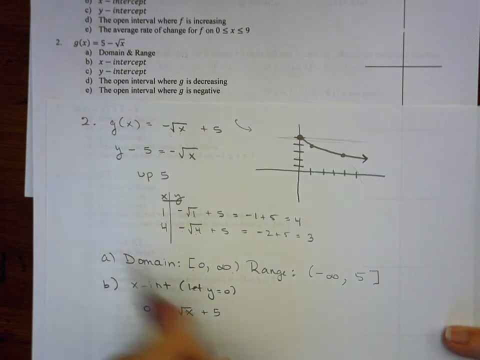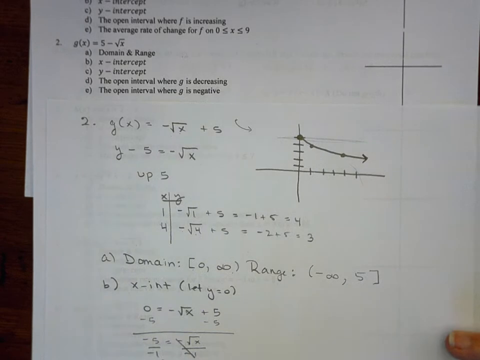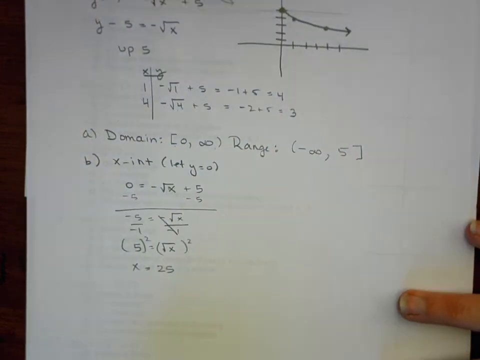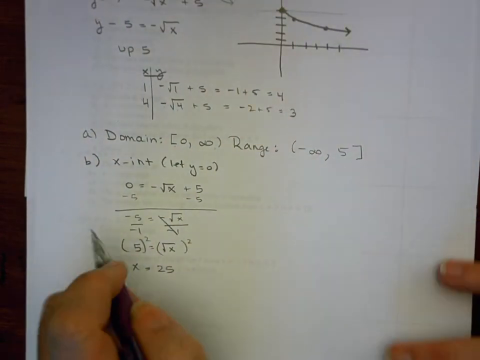So I'm going to subtract 5 to the other side. Or I could add root x, right? Divide by negative 1. And then square. So then my x-intercept is at 25.